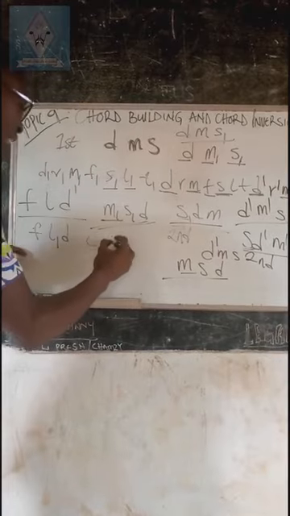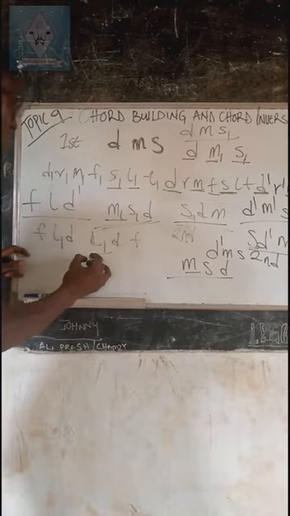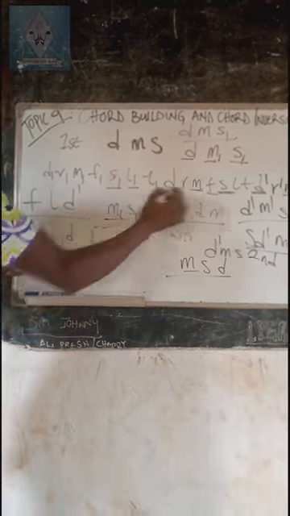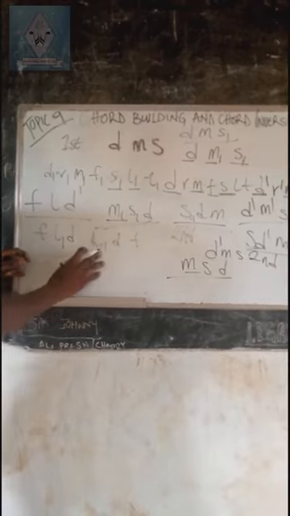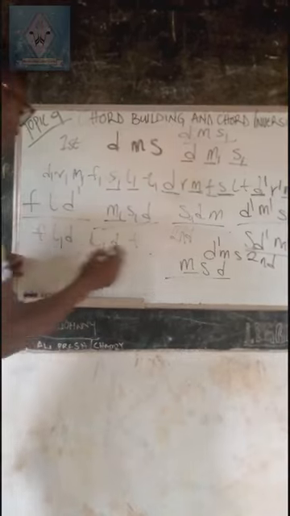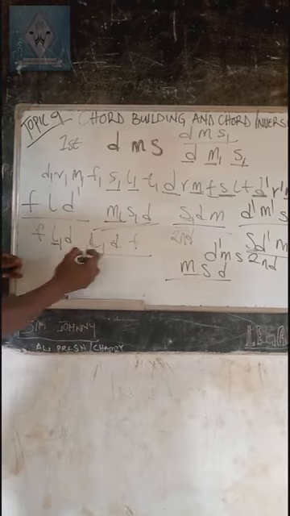We now have la, do, fa. Now the la has become the lowest note because it comes before the do, and do comes before fa. This chord is now in its first inversion because la, which is the third, has now become the lowest note.